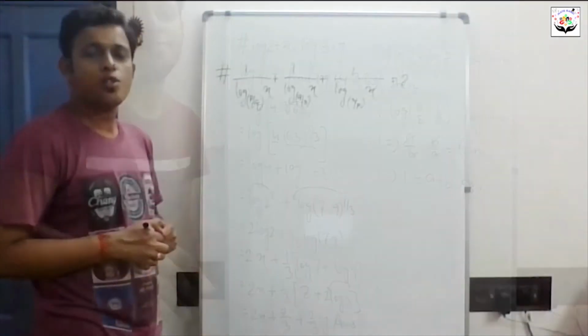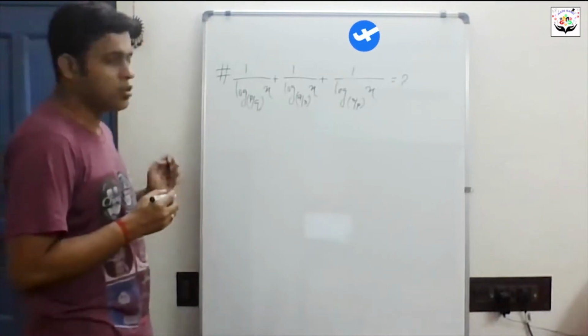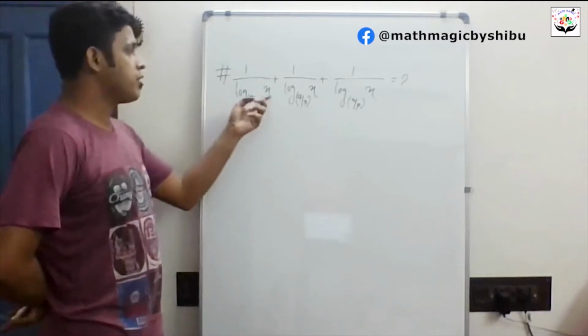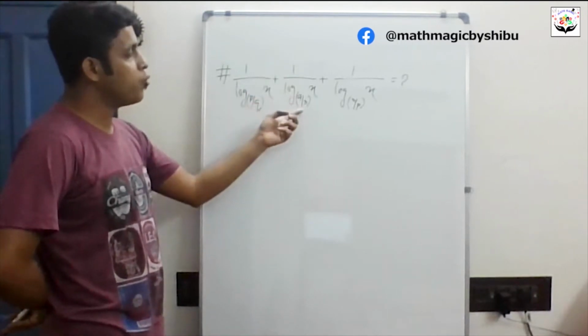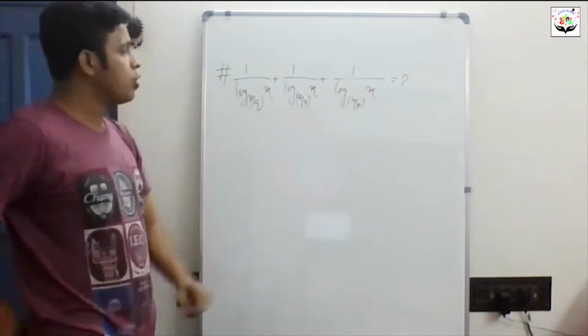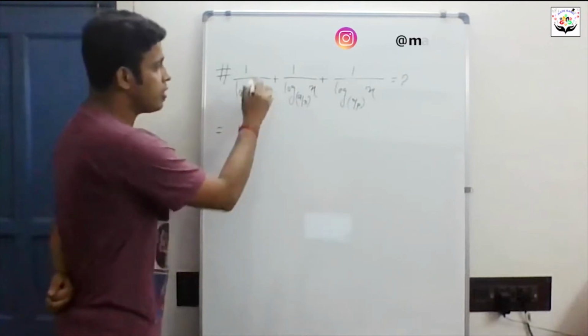Our next problem on logarithm is this one. How to solve this problem? 1 by log base p by q of x plus 1 by log base q by r of x plus 1 by log base r by p of x.